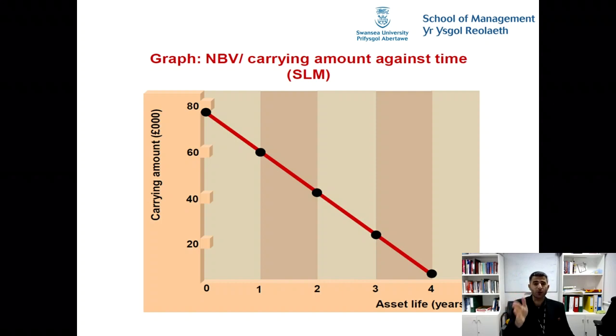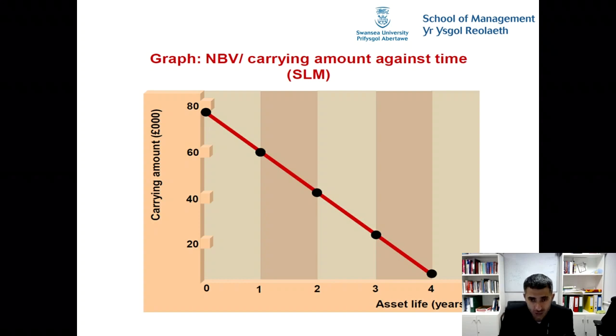In terms of net book value, again, it reduces by the same, equal amount, which is 19,031 every year. Can you see? So we start with a value of 79,000 something, and it dropped 19,031 every year. So at the end of year 4, the value should equal £2,000, which is equal to the residual value.